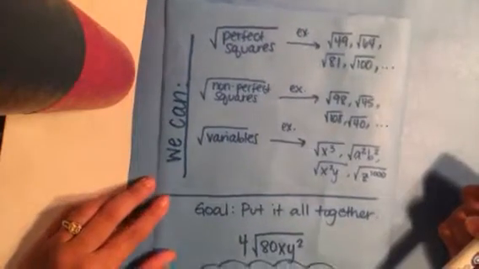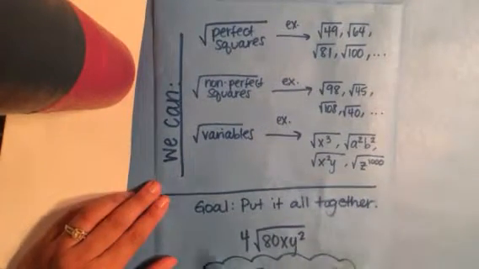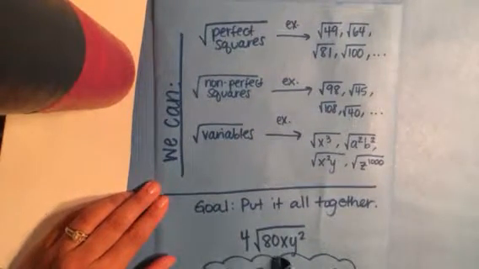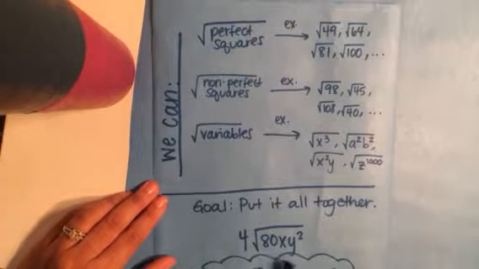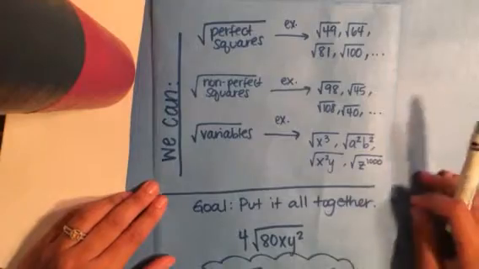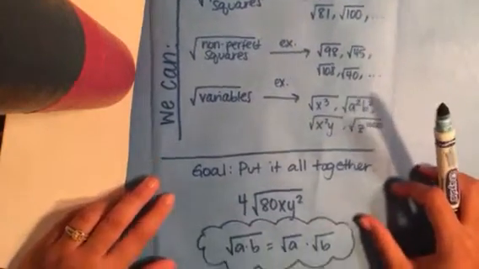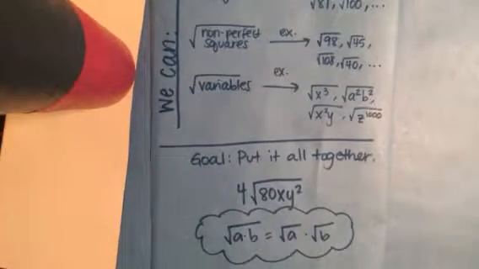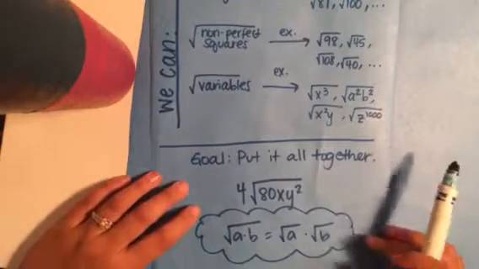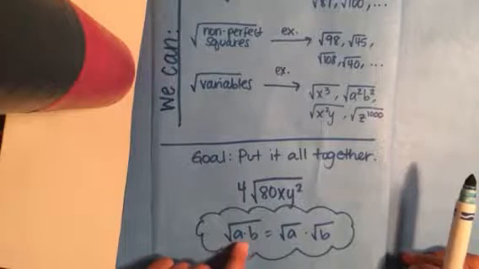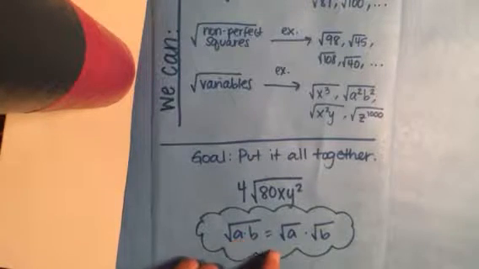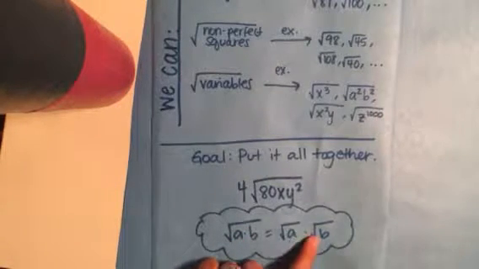So here's an example of a coefficient, a number that is not a perfect square under the radical, and variables under the radical. So we want to use our really handy rule for radicals, which tells us that if things are underneath the radical and being multiplied together, they can be split up underneath two different radicals.